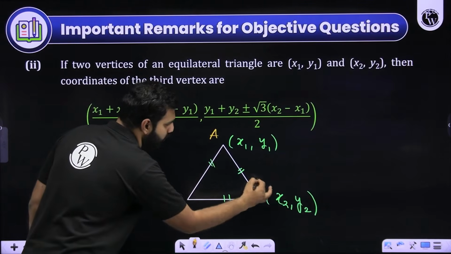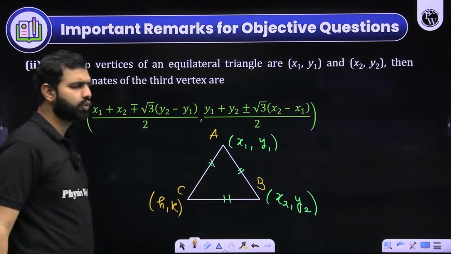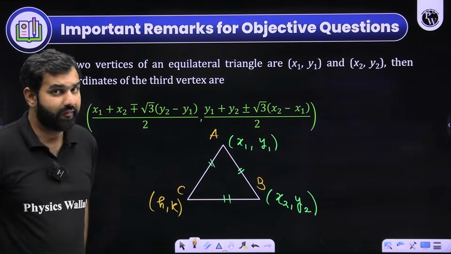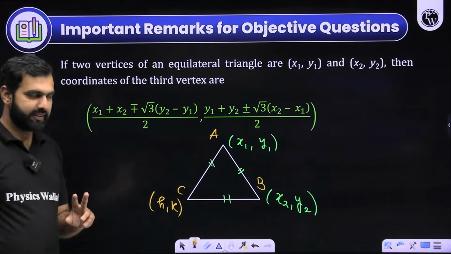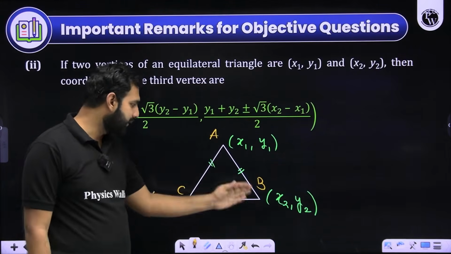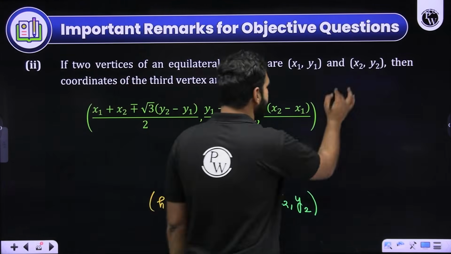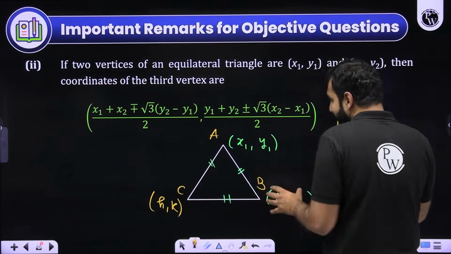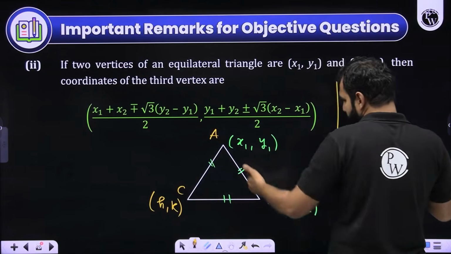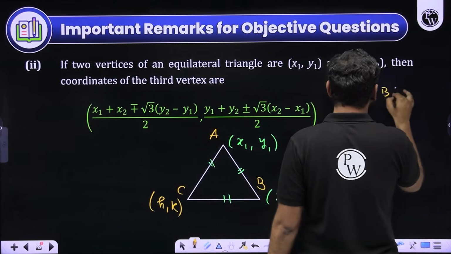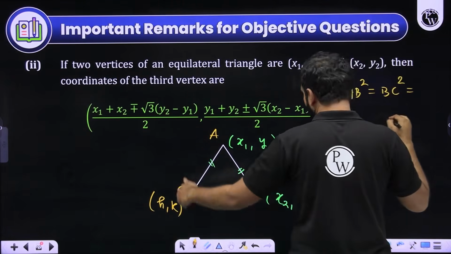This was A, this was B, and this is C. So what do I know here? I know a very interesting phenomenon: you can use the fact that AC square, AB square, and BC square are going to be the same. Can I not say that this is an equilateral triangle? Then the distance AB will be equal to BC and will be equal to AC.